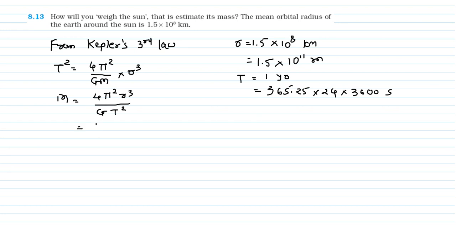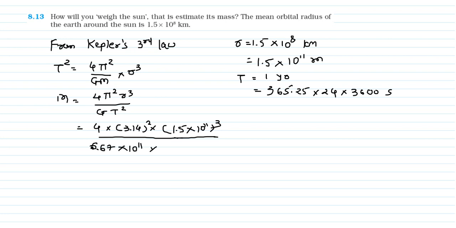That is 3.14 whole square, r cube that is 1.5 into 10¹¹ whole cube, G is 6.67 into 10⁻¹¹ and T square, that is 365.25, you can consider 365 also, into 24 into 3600 whole square.